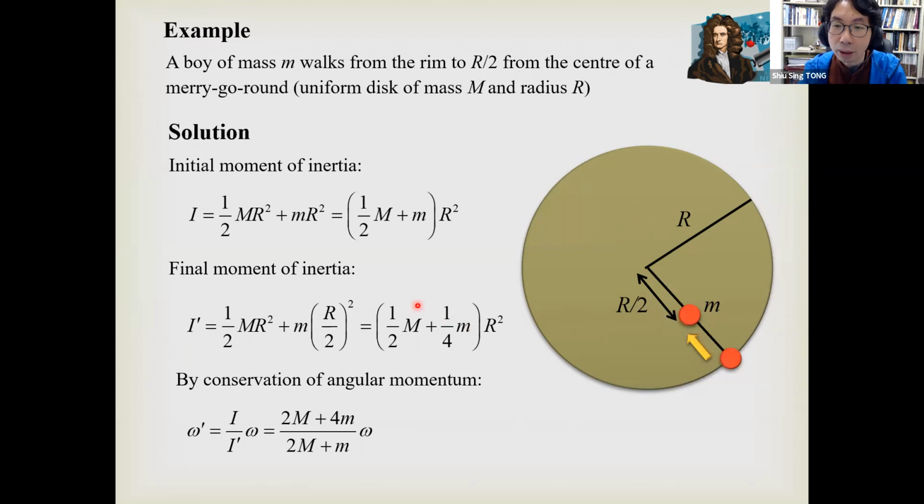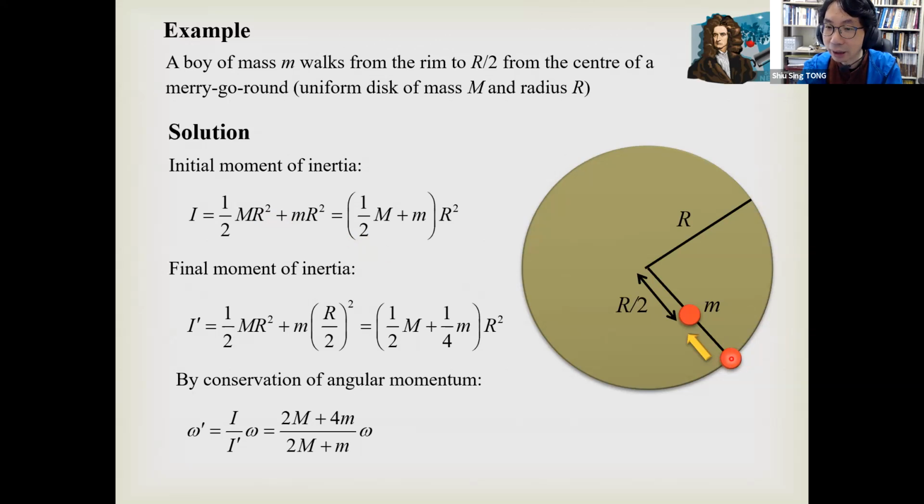Okay. Now we can calculate the initial moment of inertia. The initial moment of inertia is the moment of inertia of the disk, which is half MR squared, plus the moment of inertia of the boy, because we can treat the boy as a point mass.